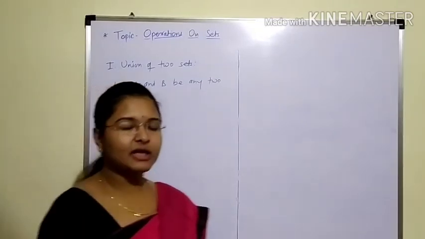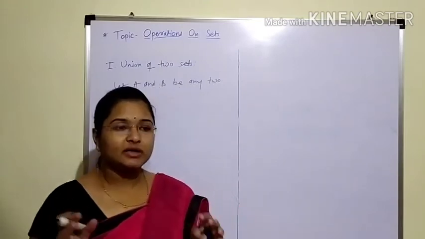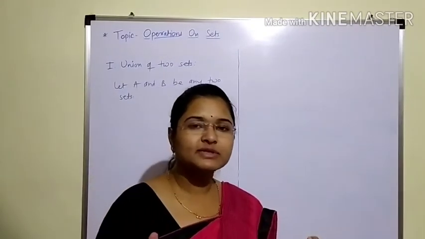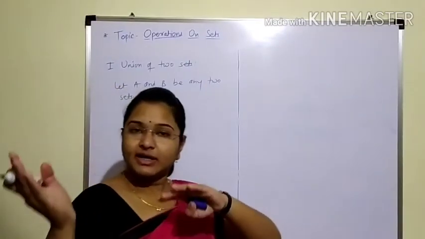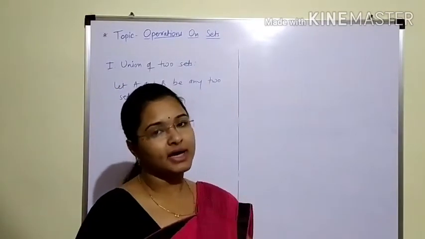Now for defining union of two sets, the union of two sets is the set which contains elements either from one set or from another set.